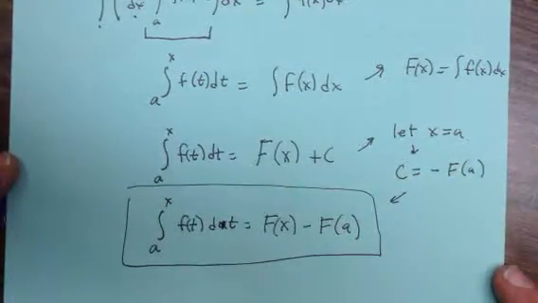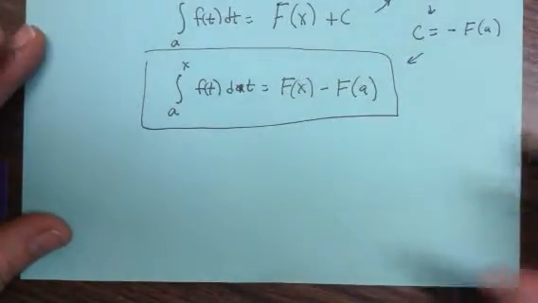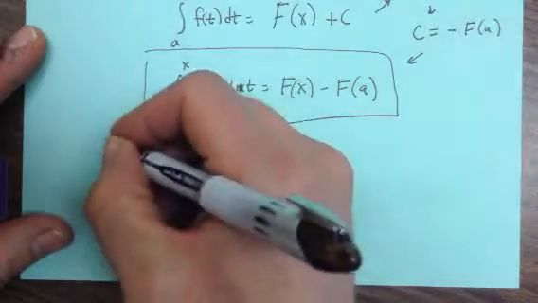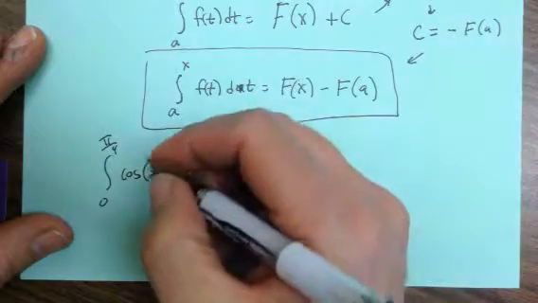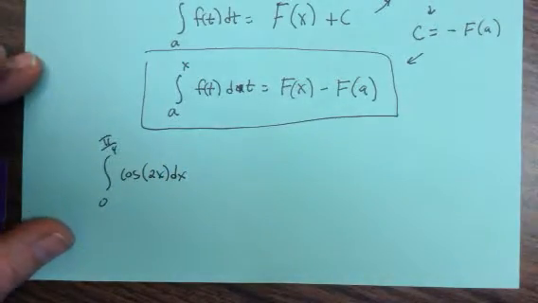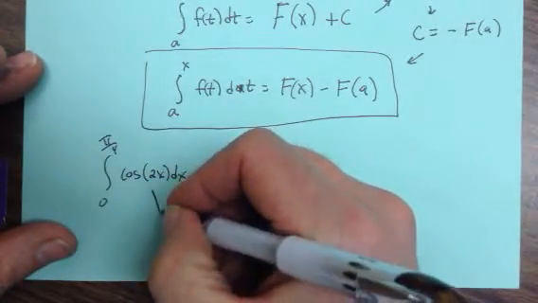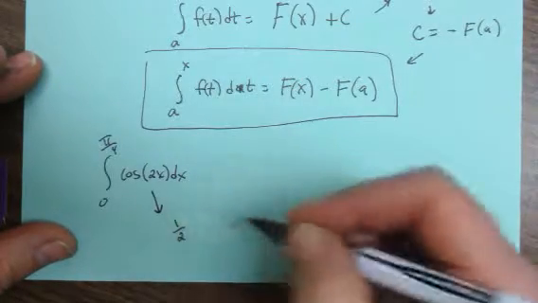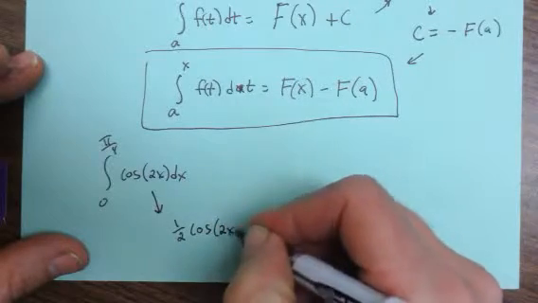Let me show you why that's quite useful with the example that we had in class, all quick-like. We had the integral from 0 to pi/4 of the cosine of 2x dx. What this says is we can evaluate this area by taking the antiderivative. The antiderivative of the cosine of 2x, of course, is, maybe take that aside and make sure you can do that, 1/2 cosine of 2x.